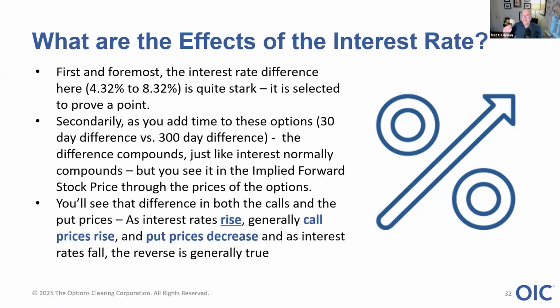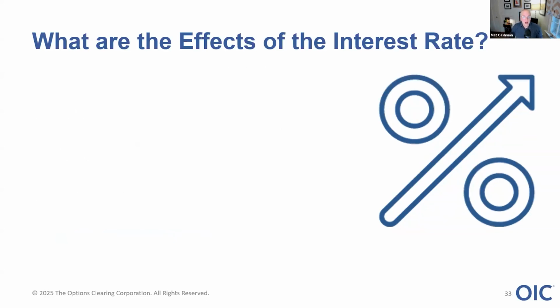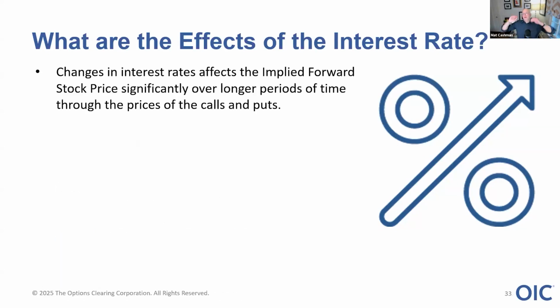The other thing that you need to see is that there's a difference in both the call and the put prices. It's not as if interest rate movement just moves one side or the other. As interest rates rise, generally call prices rise and put prices decrease. And as interest rates fall, you get the opposite of that. Call prices go down and put prices go up, usually.